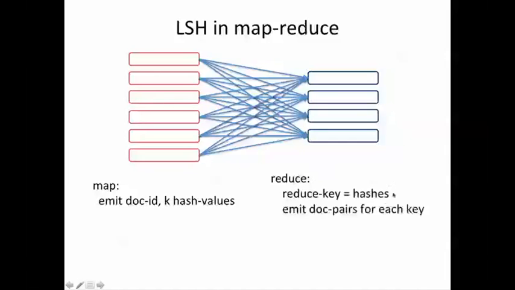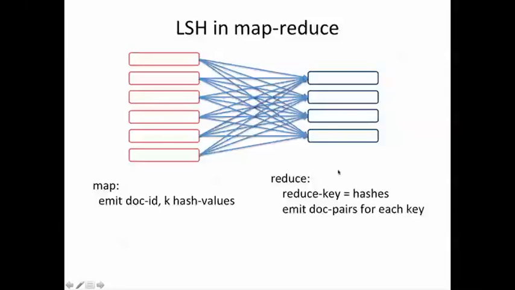The reduce key is now the k hash values. Each reducer gets all those documents that have the same k hash values and figures out all the pairs that they could possibly form. So if there are 3 documents, it emits 3 pairs. If there are 4 documents, it emits 6 pairs, and so on.